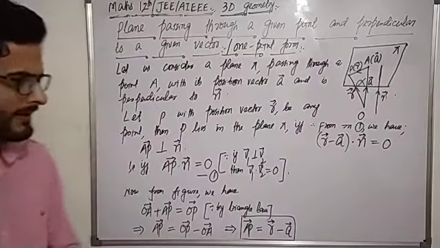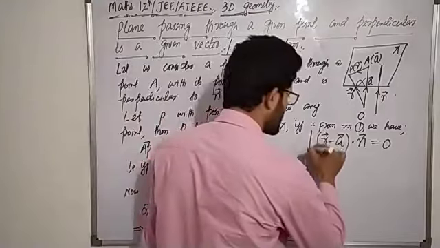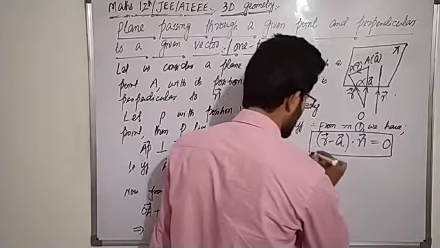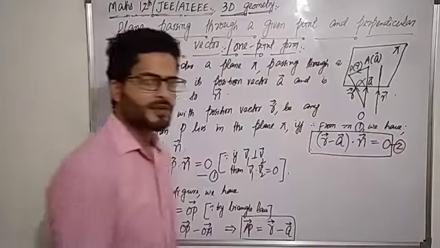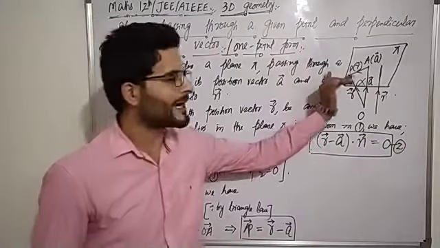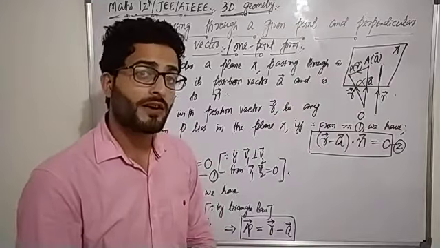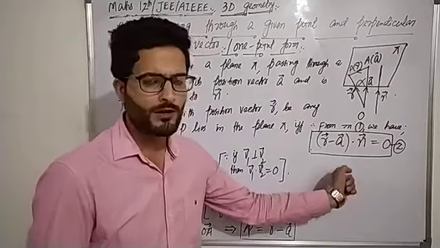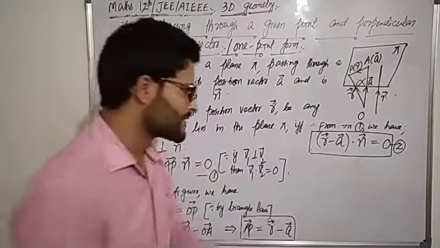So we have got the result, r vector minus a vector dot N vector is equal to 0. Keep that equation as equation number second, and that equation number second will represent the required equation of that plane which is passing through a point and perpendicular to a given vector, in vector form. This is the required equation of the plane in vector form.